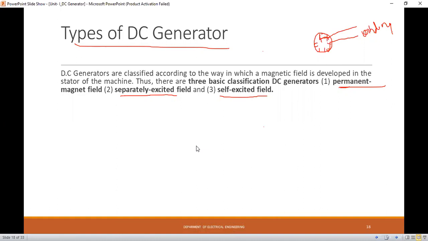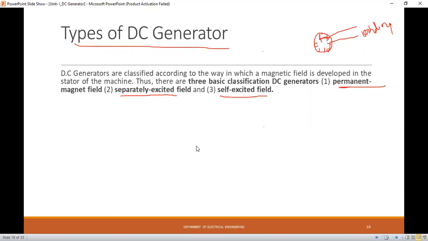Okay, so excitation is nothing but giving a supply, or flowing a current. We are providing an external supply to the winding. So how is this magnetic field created?